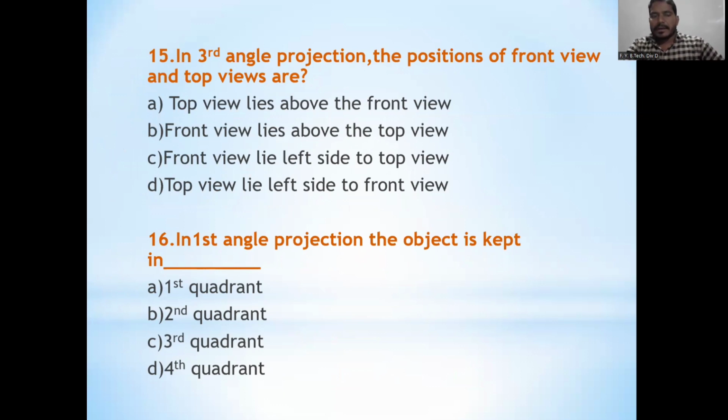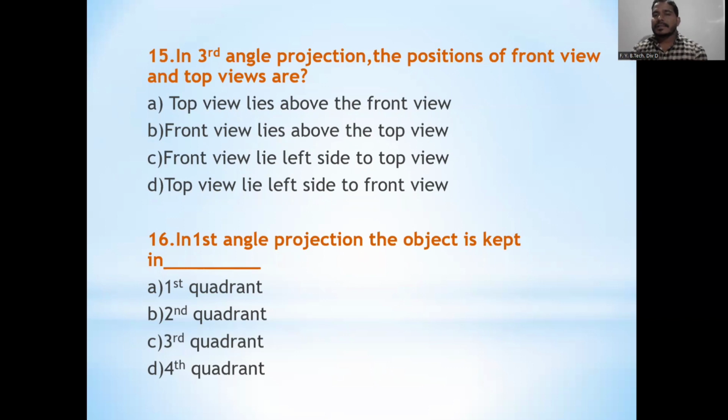Whatever our front view is, it comes below the top view, the right hand side view will be on the right hand side of the front view, and the left hand side view will be on the left hand side of the front view. So in the third angle method of projection, the positions of the front view and the top view are, so we'll see the options.